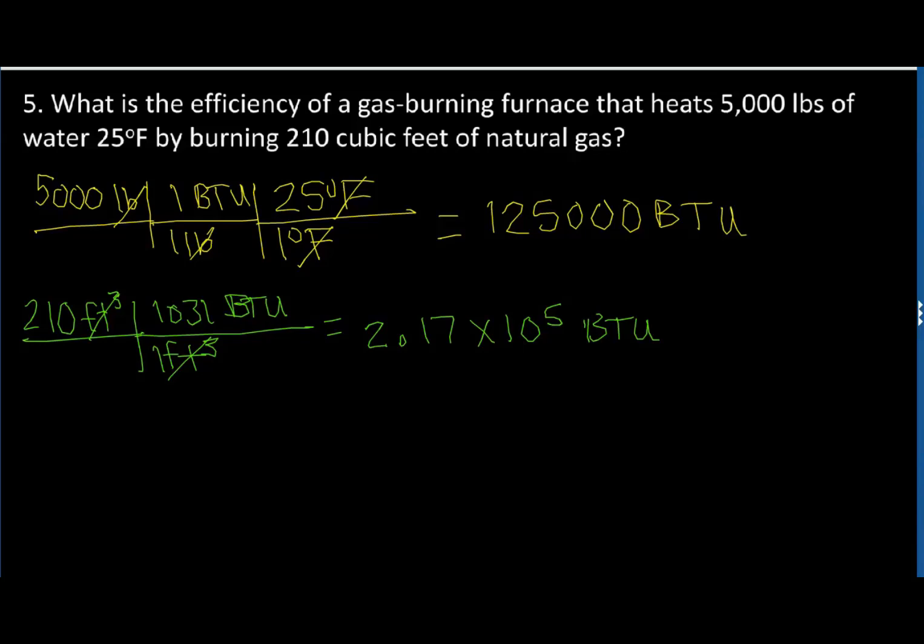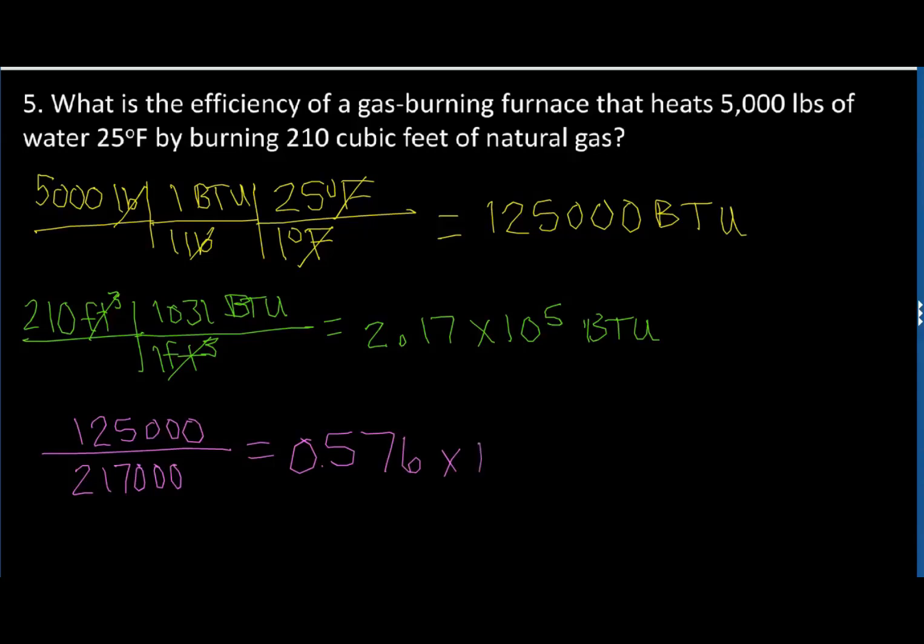So now we're going to do 125,000 over 2.7 thousand. And that's going to give us 0.576. And we just multiply this by 100. It'll give us 57.6%. So this one had 3 steps.